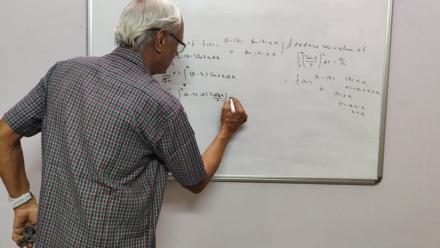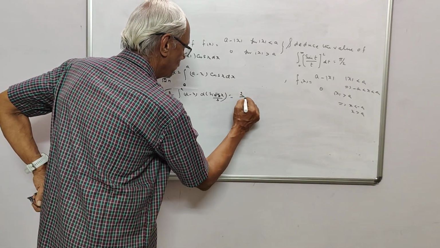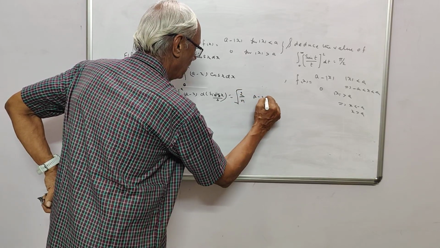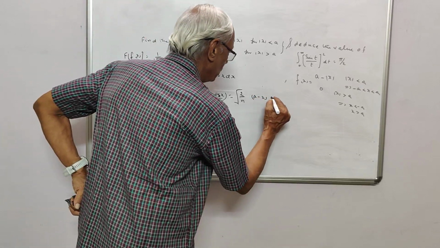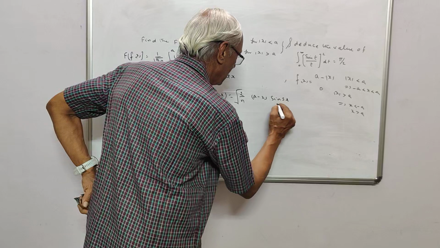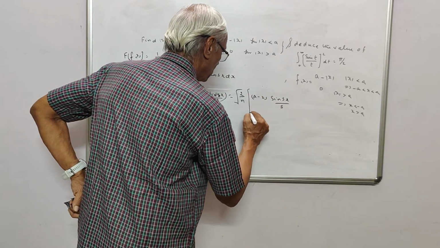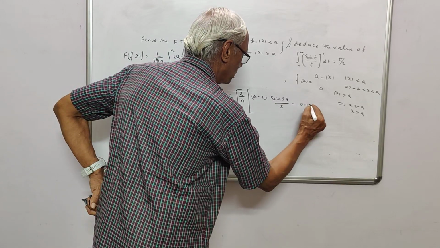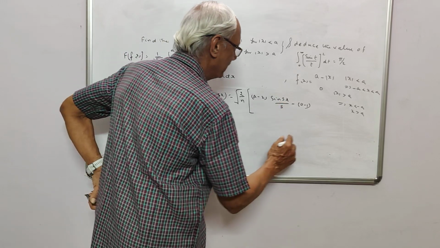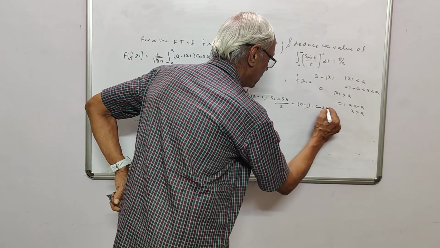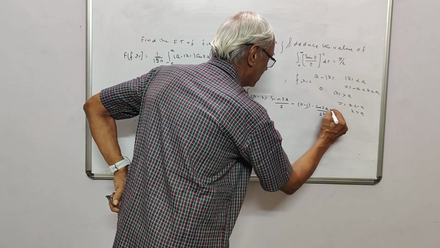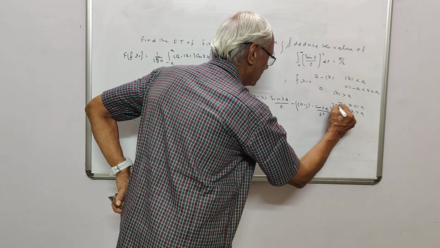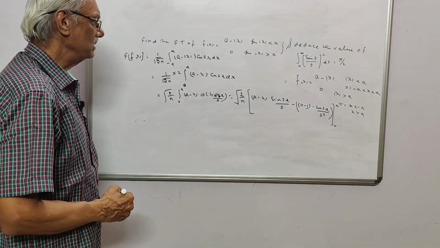So this is equal to 2 by pi into (a minus x) into sine sx by s, minus, differentiate this, 0 minus 1 into integration of sine sx, which is minus cos sx divided by s squared, with limits 0 to a.